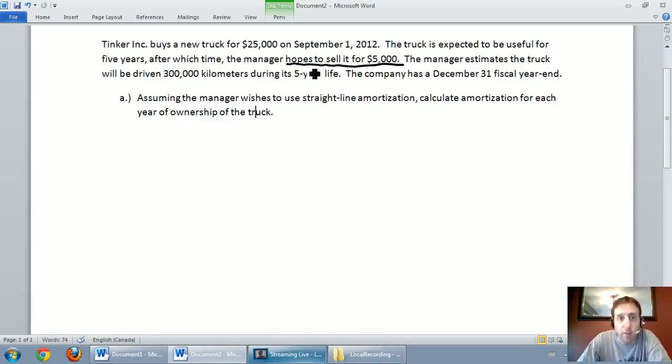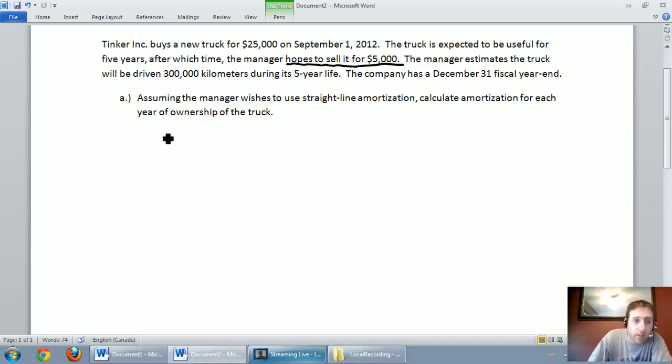The technical term for what we are stating there is that the manager thinks the truck's going to have a residual value of $5,000. In other words, we're going to use the truck for the 5 years, and after the 5 years is up, he's going to sell it or trade it in, and he thinks he can get $5,000 out of it. So that changes the amortization equation a little bit.